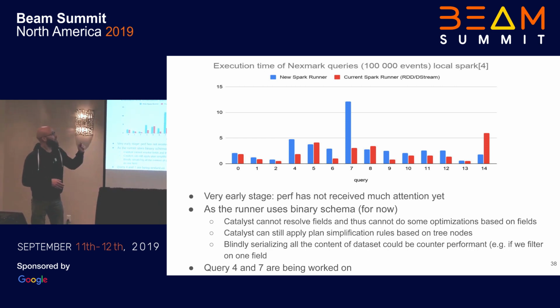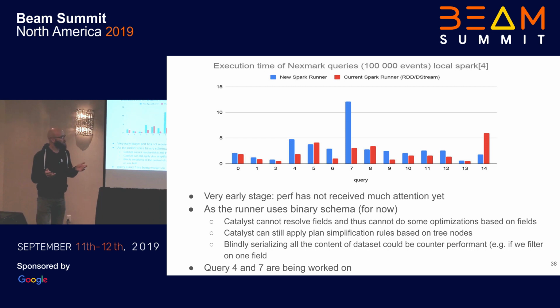So we run these Nexmark things on the two runners by generating 100,000 events on the local Spark engine with 4 threads. In blue, you have the response time for each query for the new Spark runner, and in red, you have the response time for the current production-ready runner based on RDD and DStreams.